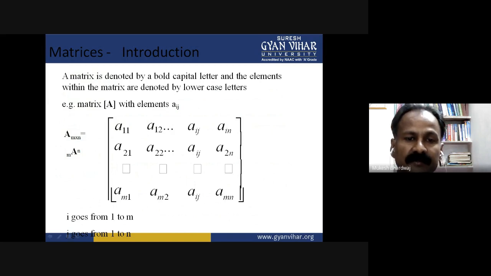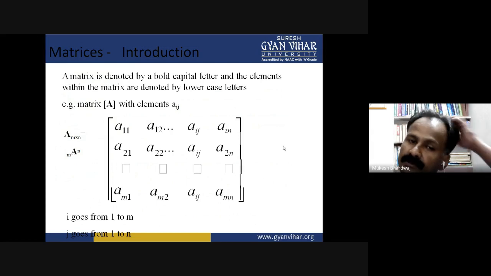This is the general representation of any matrix in the form of an array of rows and columns, where the representation can be, as you see through the diagram, a bold capital A, m cross n in size: a11, a12, ..., a1n, a21, a22, ..., a2n.